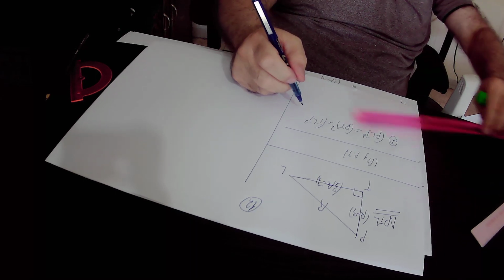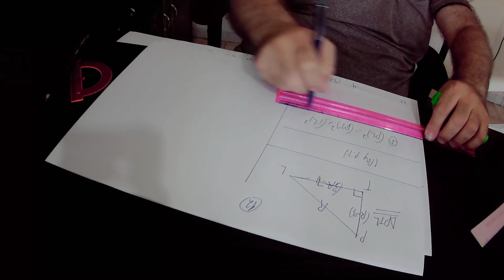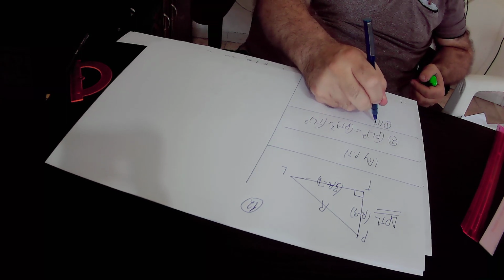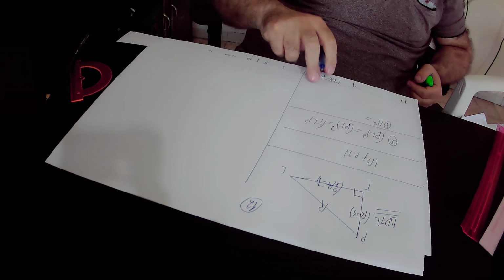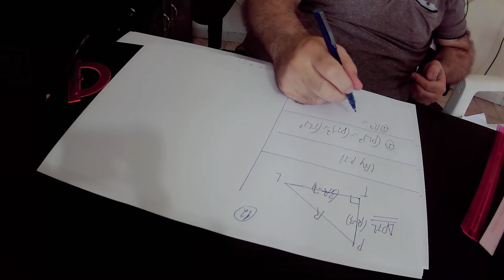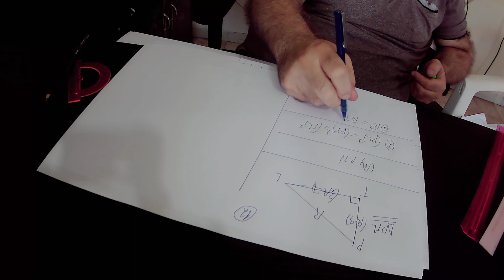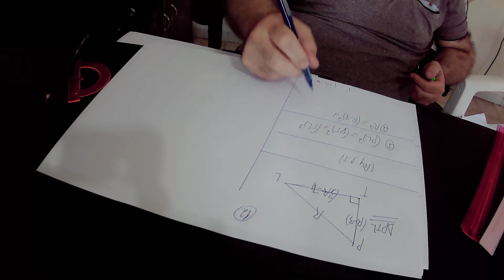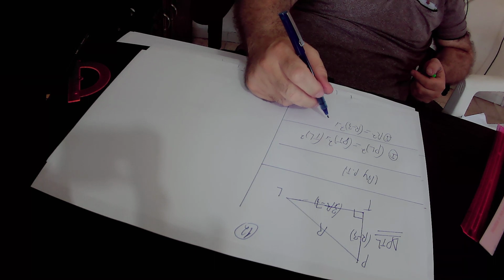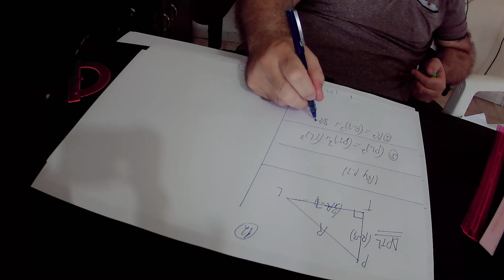So here PL equals R, therefore PL square is equal to R square, and it is equal to PT square. PT equals R minus 3, so PT square will be equal to (R minus 3) square, plus TL square. TL equals 3R minus 7, therefore TL square will be equal to (3R minus 7) square.